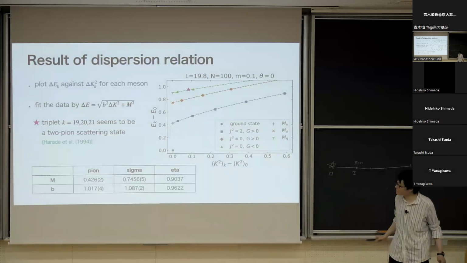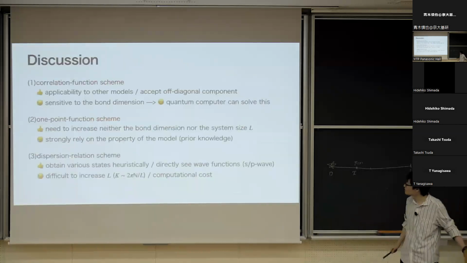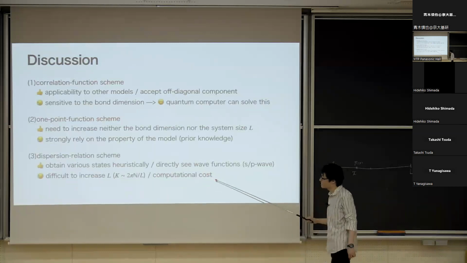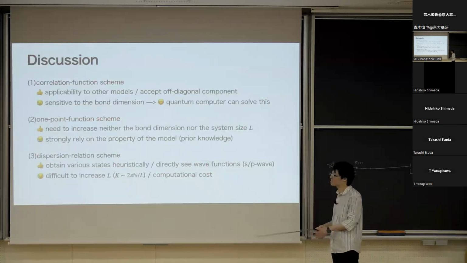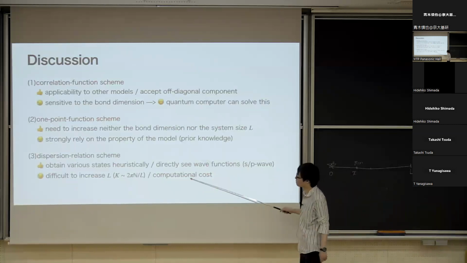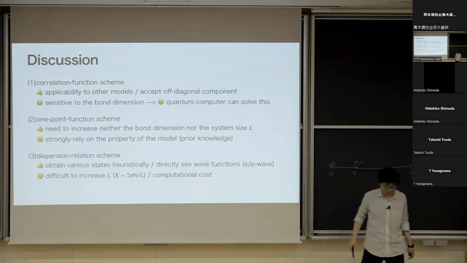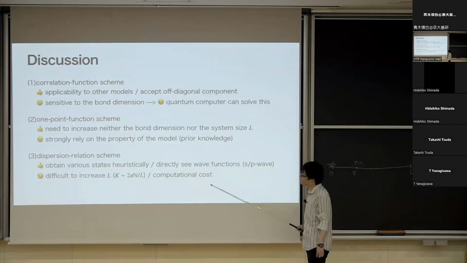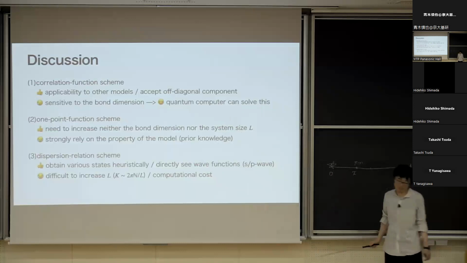So in that case, we have to generate more and more states. And also, the problem is the computational cost. Compared with the other methods, we have to generate many excited states, so it simply requires more computational cost. And also, I'm not sure how to efficiently generate excited states in a quantum computer. That's the question.